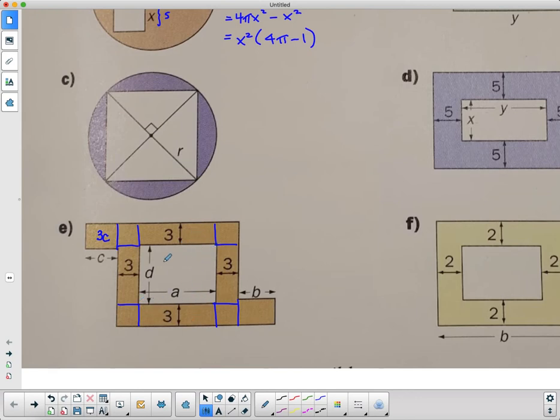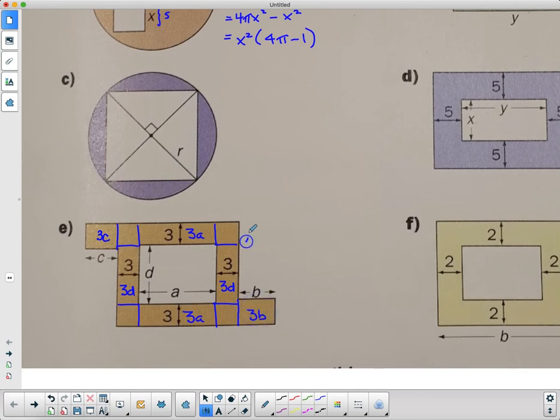Both of these are 3 wide by a long. So each of these are going to be 3 times a, or just 3a. Now over here we have 3 wide by d long, so that's going to be 3d, and this one over here is exactly the same. And then down here we've got 3 wide by b long, so this is 3b.